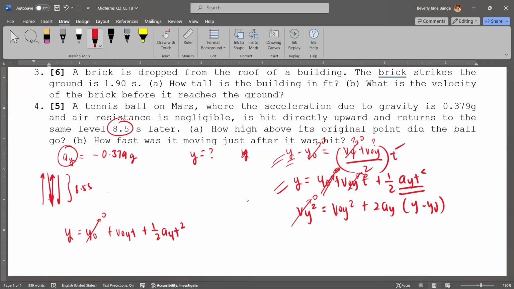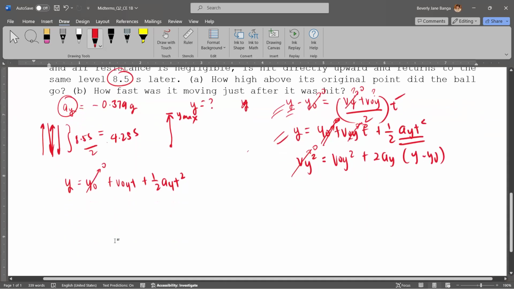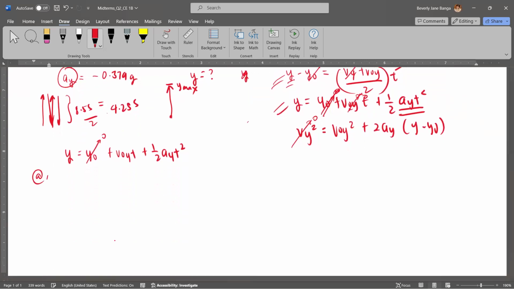So, ibig sabihin, yung one-way mo ay divided by 2 lang nito, 4.25 ba? Yeah, 4.25 seconds, no? So, pwede kong kunin lang yung one way. So, mula nung hinit siya, hanggang ma-reach niya yung maximum height.